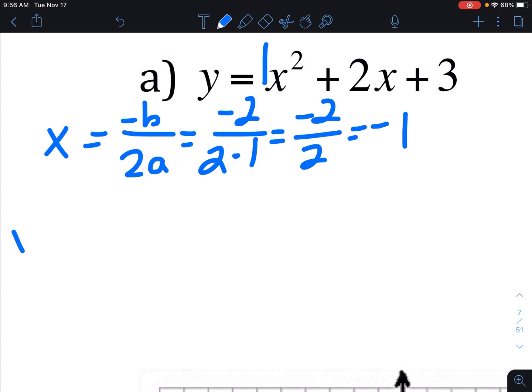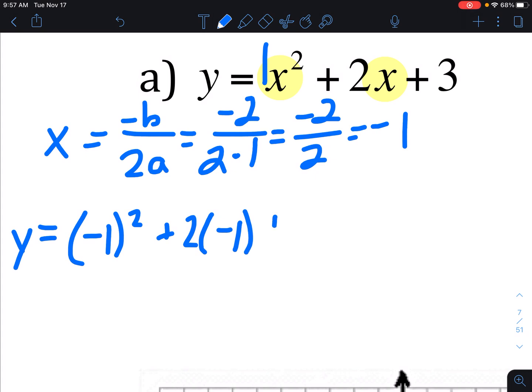Now you need your y coordinate. You're going to take that negative 1 and plug it back into the equation for the x's, and carefully use parentheses. Okay, squared, or again, order of operations. You always do exponent first.